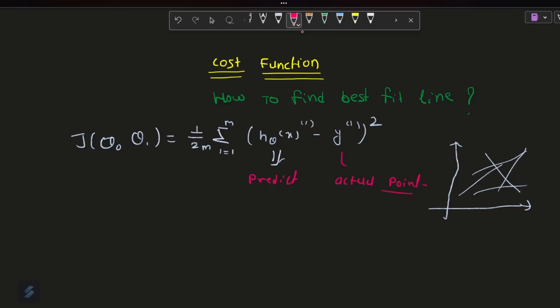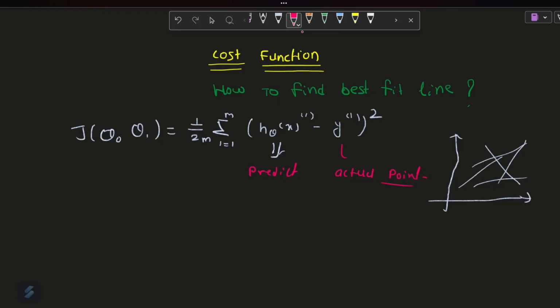This is your cost function, and the final aim is to minimize this cost function.